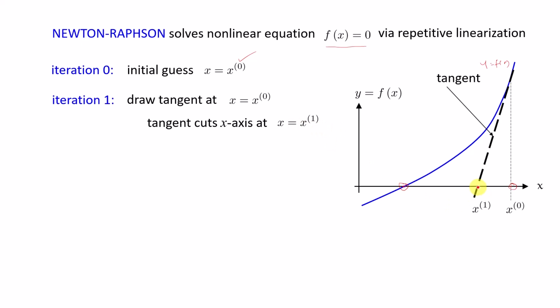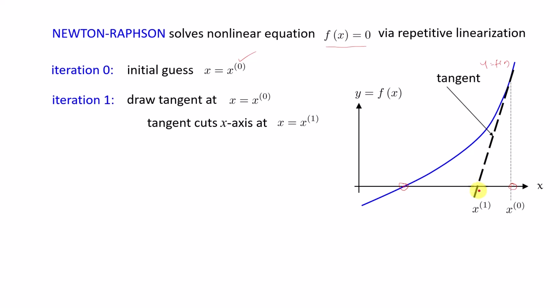So this is our first iteration, our first update. I started from x0. The actual root is here, but I do not know the actual root. All I did is draw a tangent, and where the tangent cuts is my updated root.